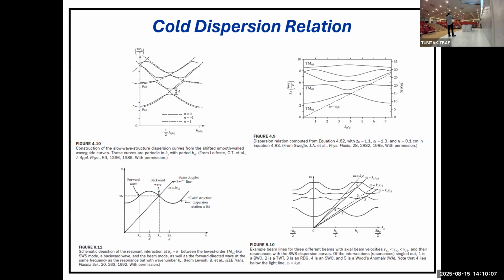And at any operating point, you can design an oscillator or an amplifier, it could work. But from people's experience, they have tested this before, and they found that for linear devices, if you wanna operate as an amplifier, you wanna pick the forward wave because this is more efficient.